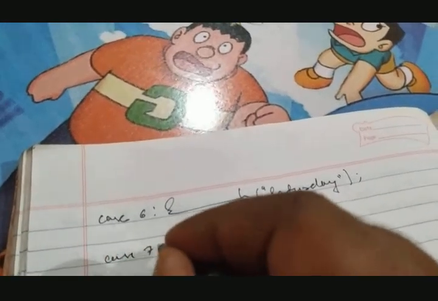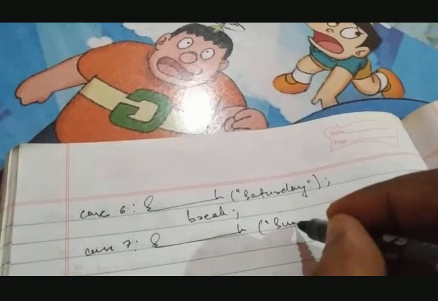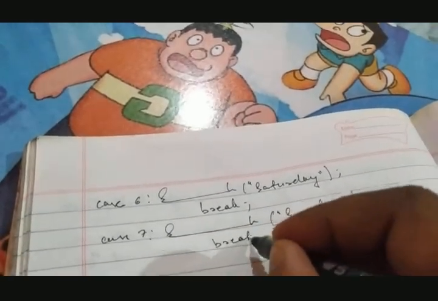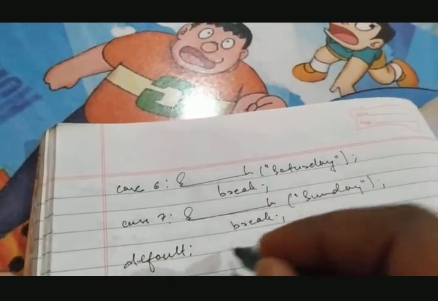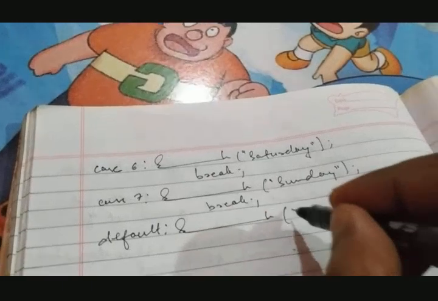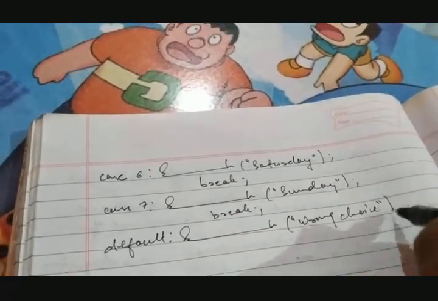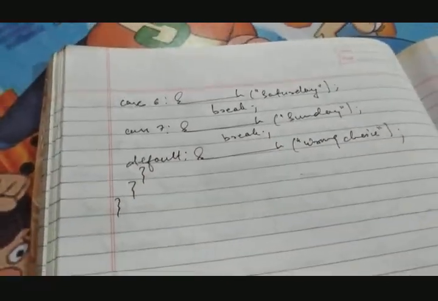Case 7 Sunday, break. Default System.out.println wrong choice, then switch close, main close, class close.